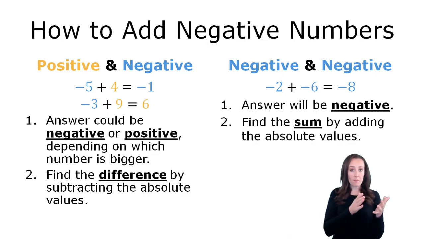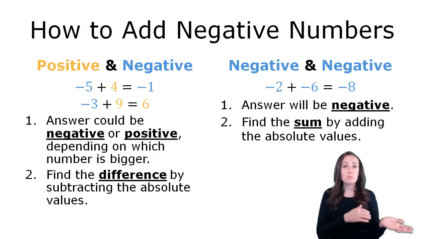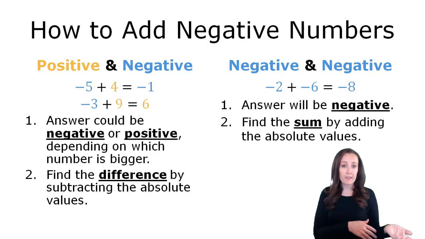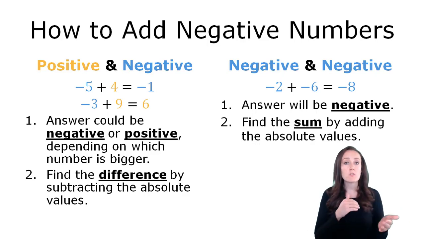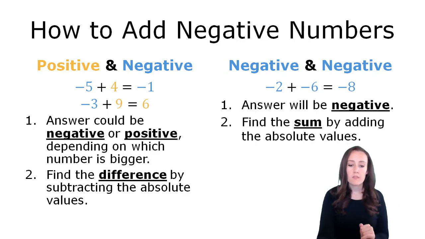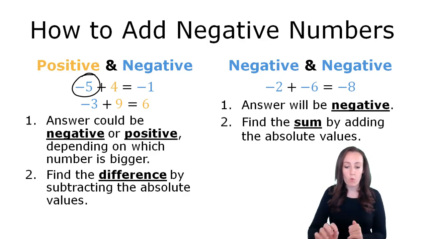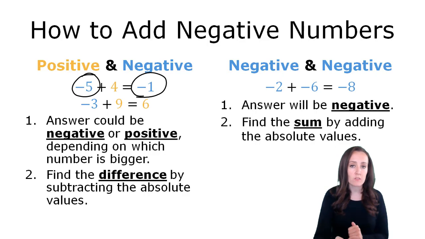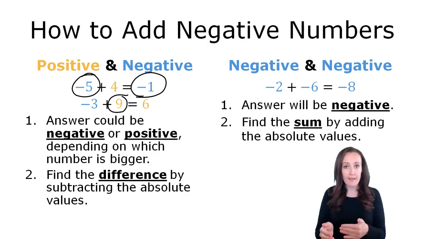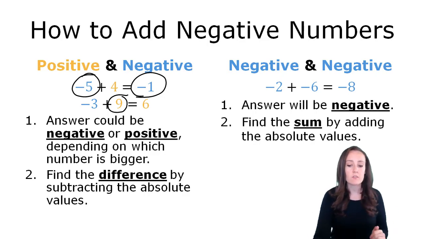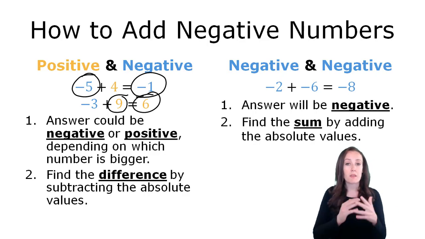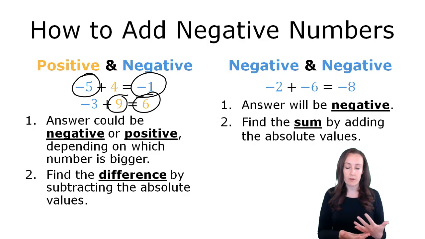So when you add together a positive and a negative number, you may get a positive answer or a negative answer, depending on which number is bigger. So in this situation, the -5 was bigger than the 4, and so that means that your answer was a negative answer. In this one, you had a bigger 9 than the -3, and so your answer was positive because the bigger number was a positive number.